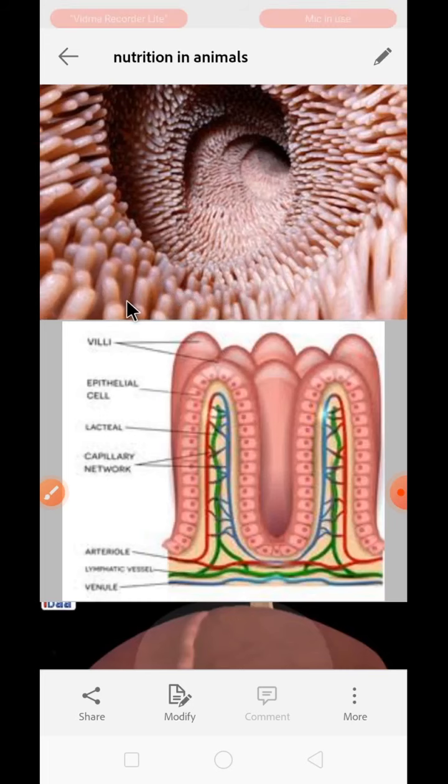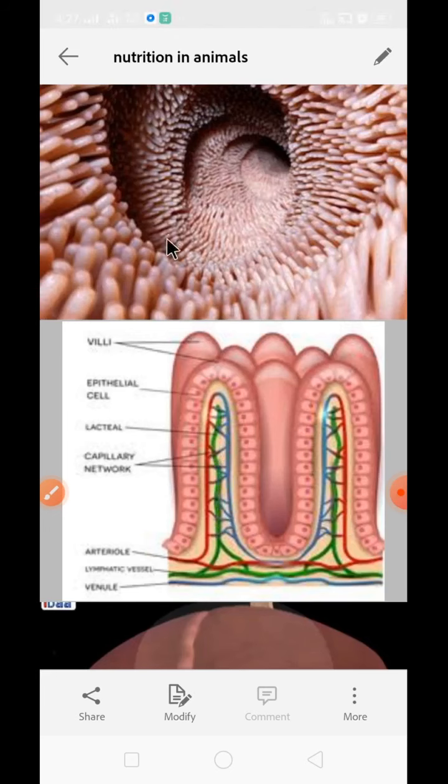Understood? Each villus is supplied with, see over here, blood capillaries. Each villus is supplied with an arteriole, venule, blood capillaries and a lymph vessel, which is also known as lacteal. This green one is the lymph vessel and lymph capillary as well.